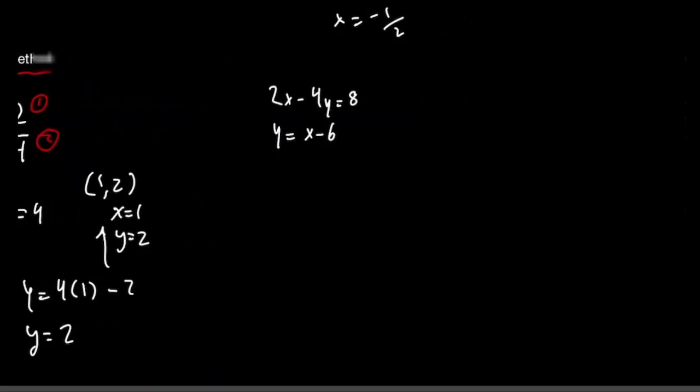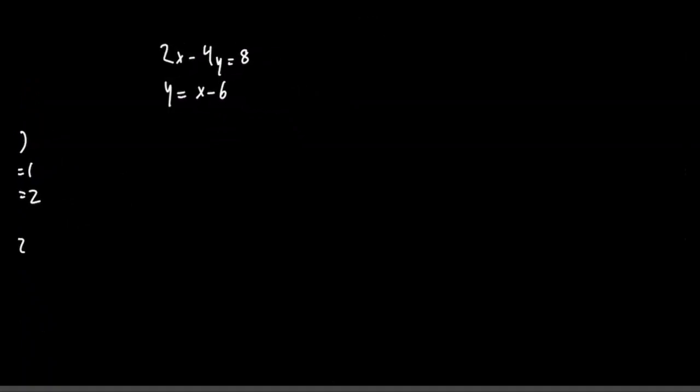Moving on to our next example, we have the equations 2x minus 4y equals 8 and y equals x minus 6. Notice I have y equals, so now we can substitute it into the first equation.